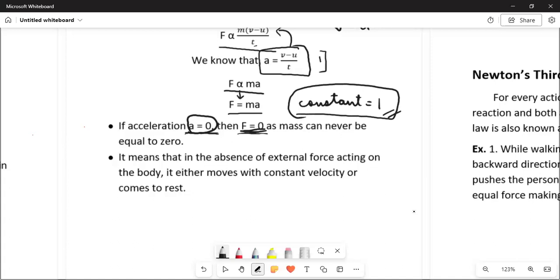Okay, and it also says that in the absence of external force acting on the body, it either moves with constant velocity or remains at rest.